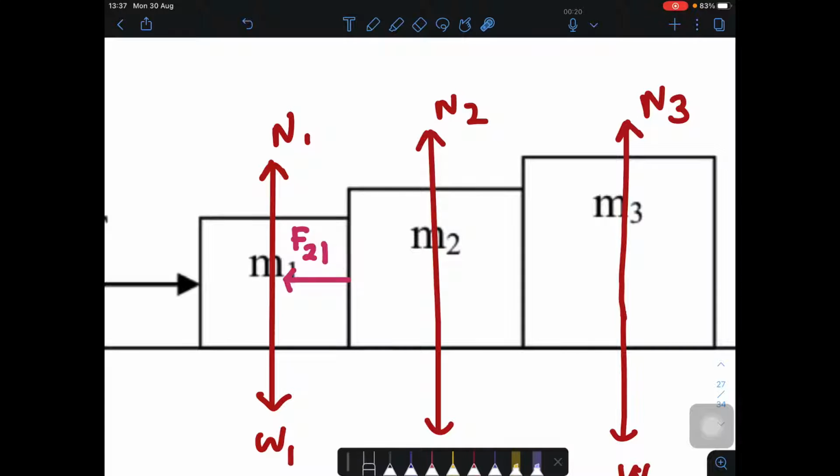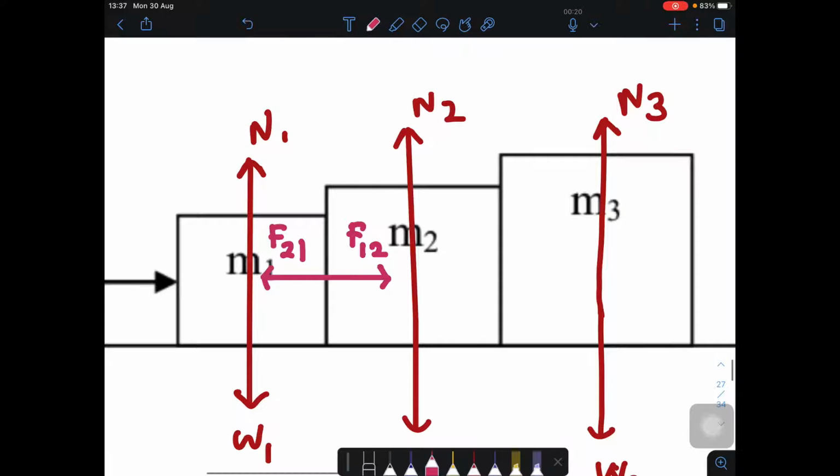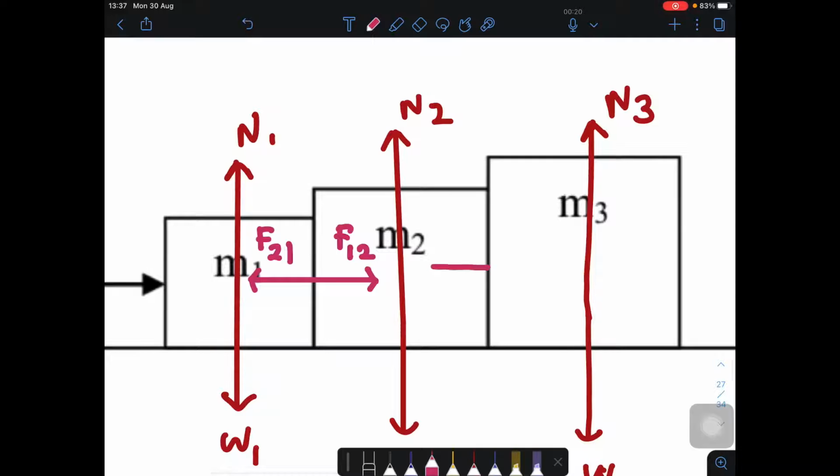Dan dekat block 2 kita akan dapat the opposite direction. Kita hanya terbalikkan, force by block 1 on block 2. Sama juga untuk this one, dia akan dapat force by block 3 on block 2. So this one akan jadi opposite direction.